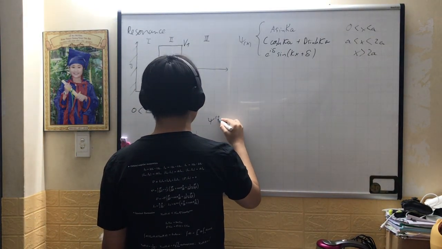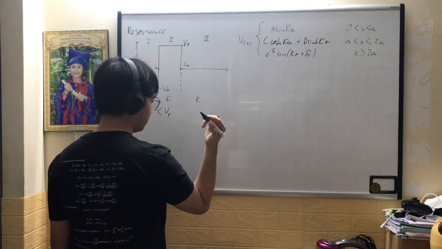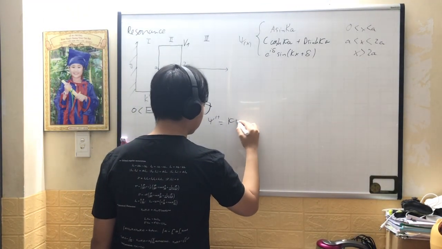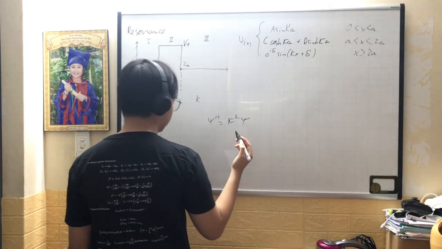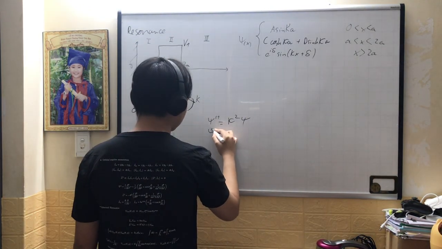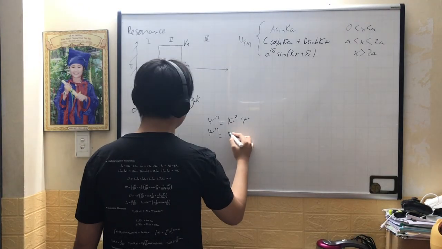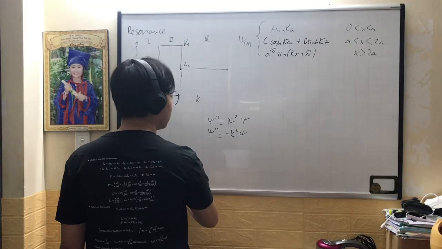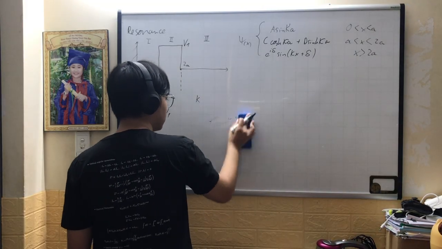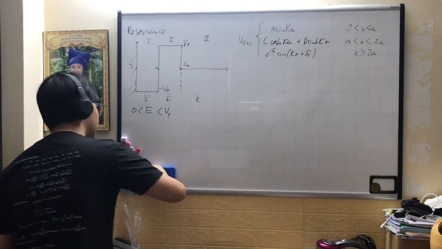Just real quick, the second derivative would be equal to just kappa squared psi. Unlike the normal, the region out here is minus k squared. Right, just some quick fun facts.